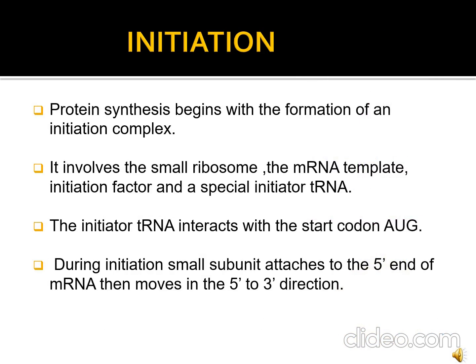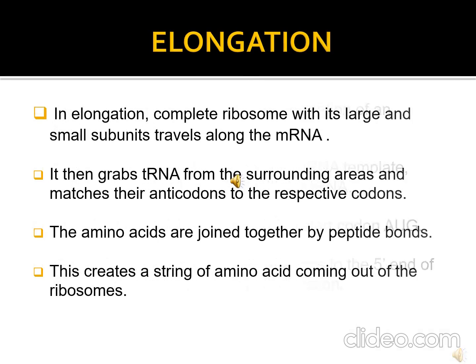Translation begins with the formation of the initiation complex that involves the small ribosomal subunit, mRNA template, initiation factors, and a special initiator tRNA. In elongation, the complete ribosome with its large and small units travels along the mRNA.